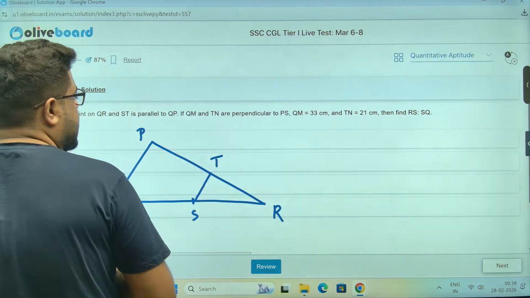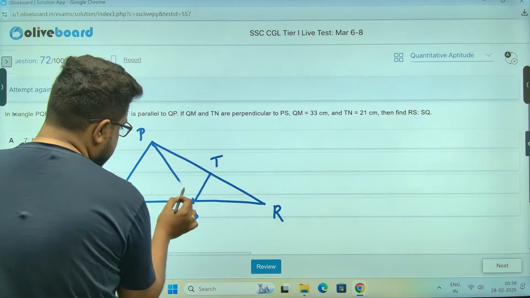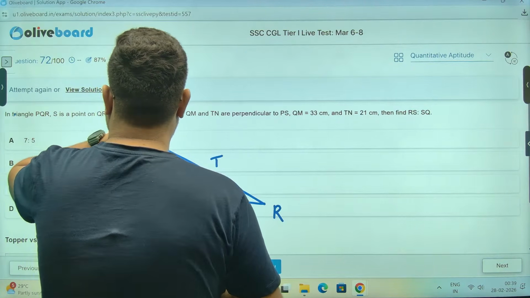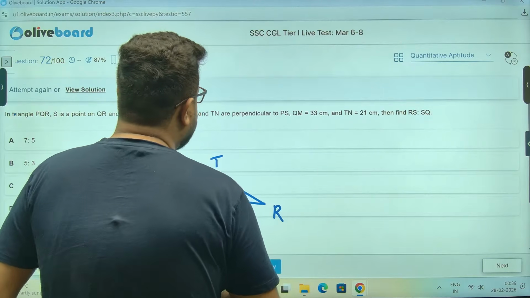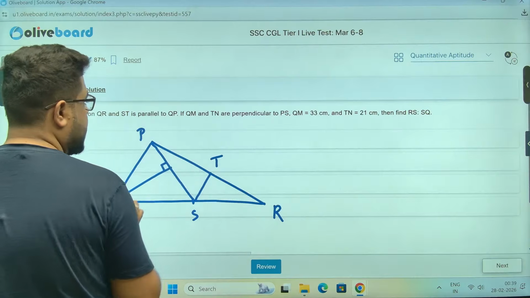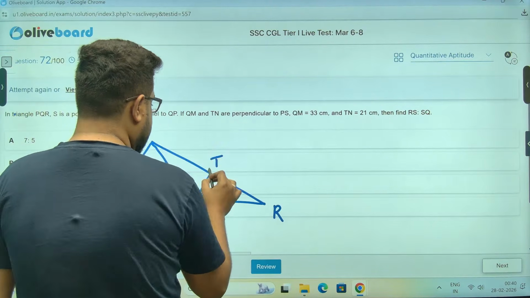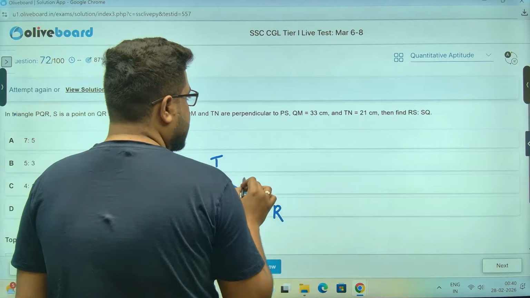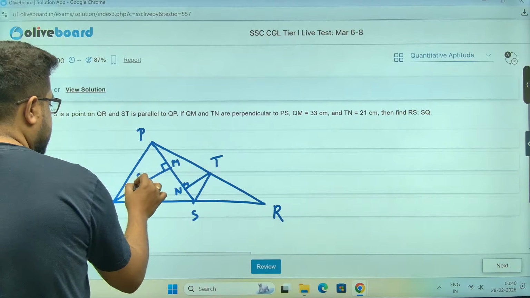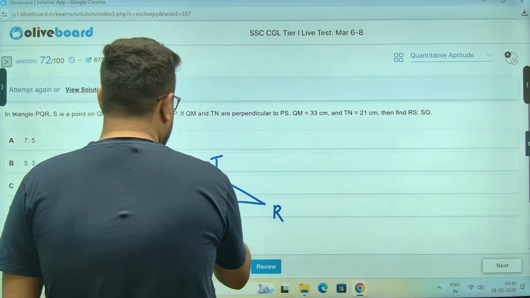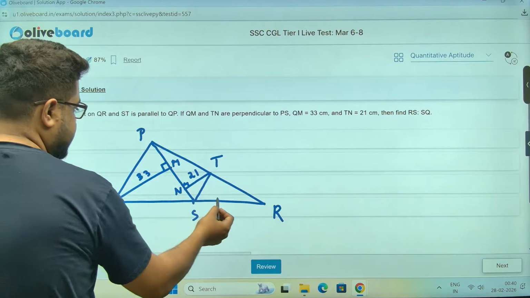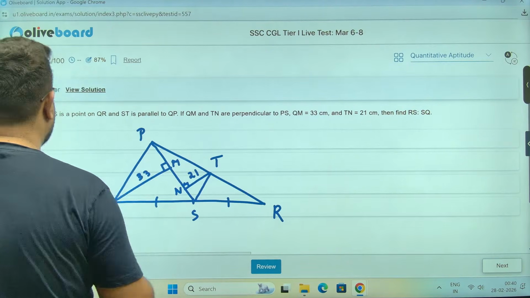If QM and TN are perpendicular to PS, and QM is given as 33 and TN is 21, then find RS is to SQ. RS, this part, is to SQ, meaning this part.